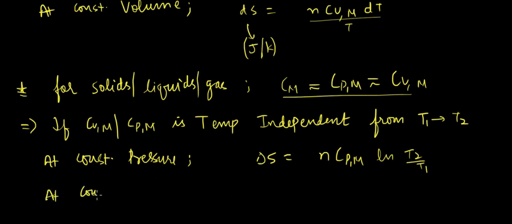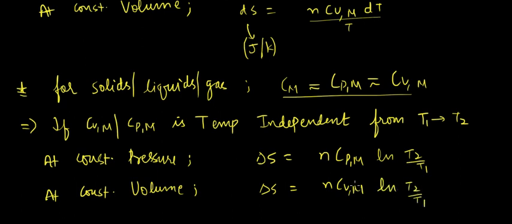And similarly at constant volume, we can write that delta S would be equal to n Cvm ln T2 upon T1.